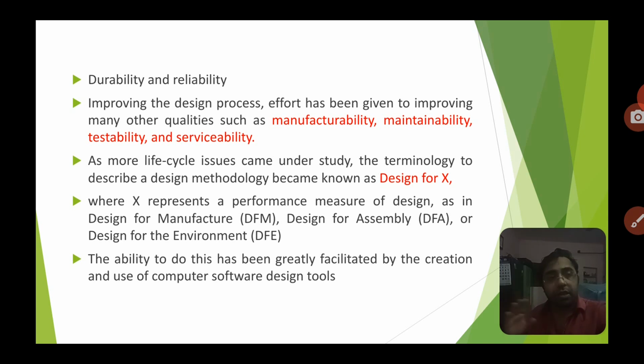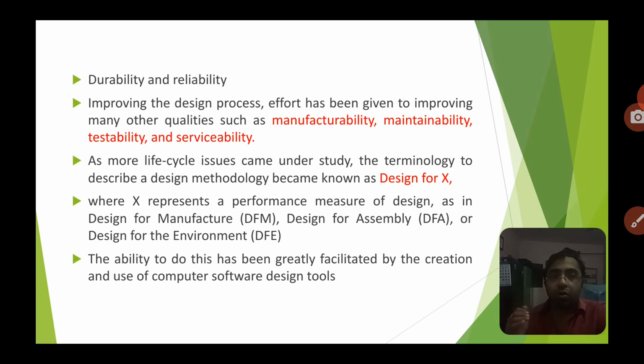A lot of small companies are nearby. Suppose Hyundai is making cars, but inside the car there are a lot of switches, seats, seat belts, and small components that are not manufactured by Hyundai. They purchase them from other companies and assemble them.